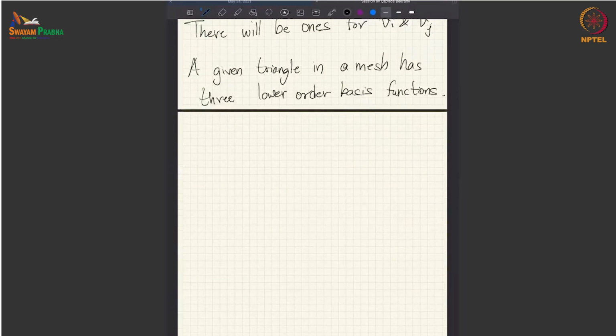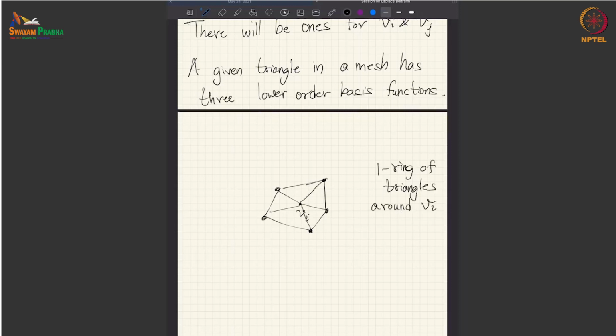Now I can take a slightly different view, and consider this ring of triangles. This central vertex is V. This is part of what is sometimes called a one ring of triangles. And I can now ask, what does the basis function look like?